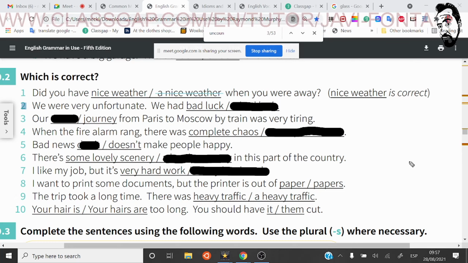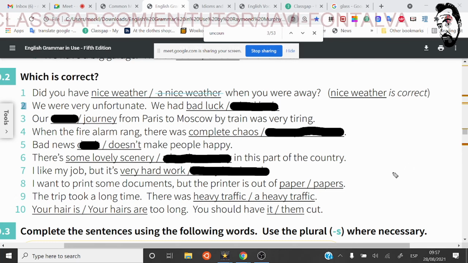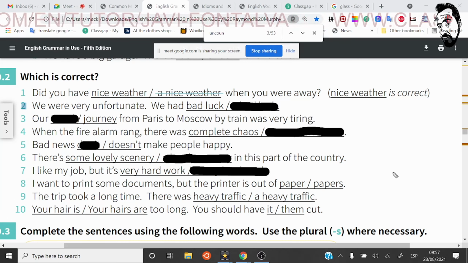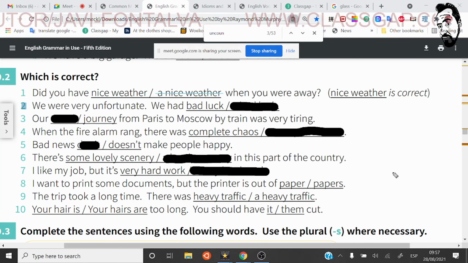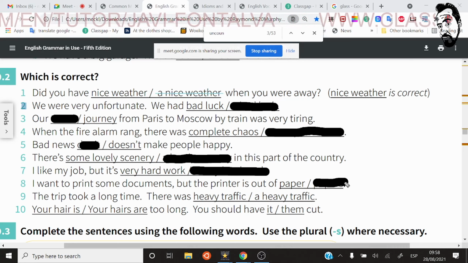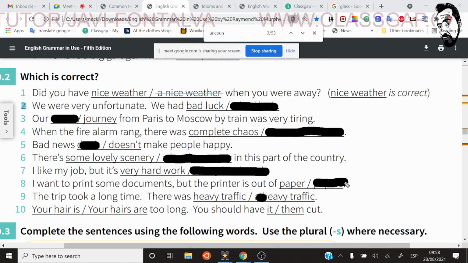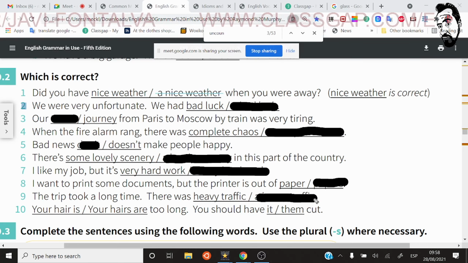I want to print some documents, but the printer is out of paper. Perfect. And 9. The trip took a long time. There was heavy traffic.